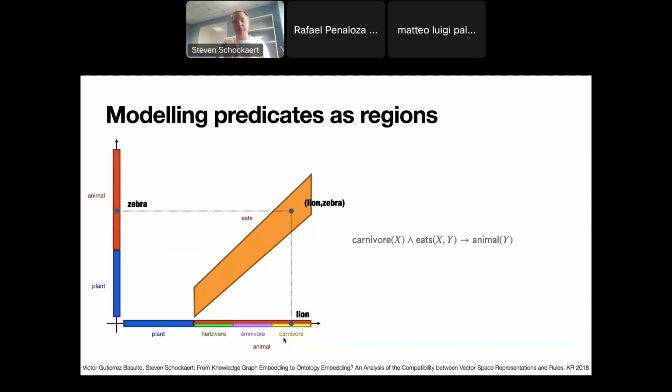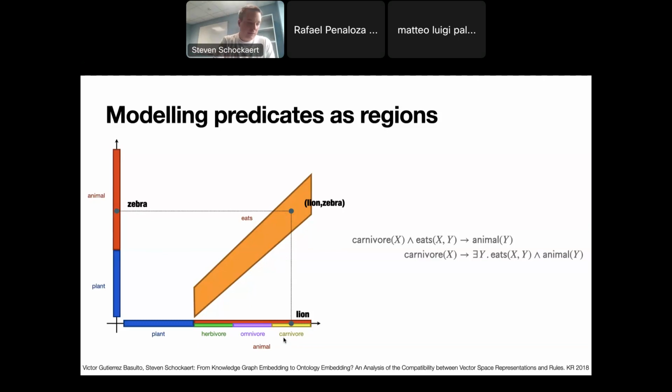It's slightly more complex to imagine than in the one-dimensional case, but it's essentially the same thing, right? The spatial configuration of these regions determines which rules are satisfied and which are not. We can do the same even with existentials. In this example, we also have that if X is a carnivore, then there always exists a Y such that X eats Y and Y is an animal.